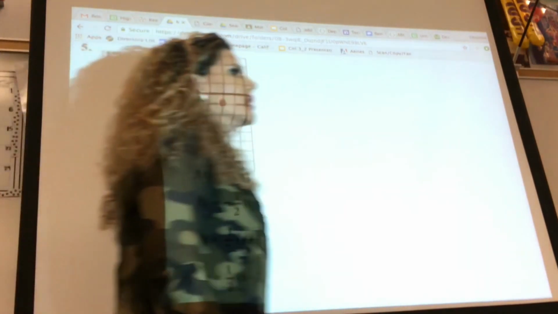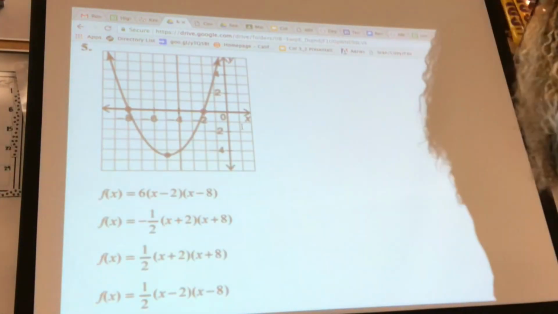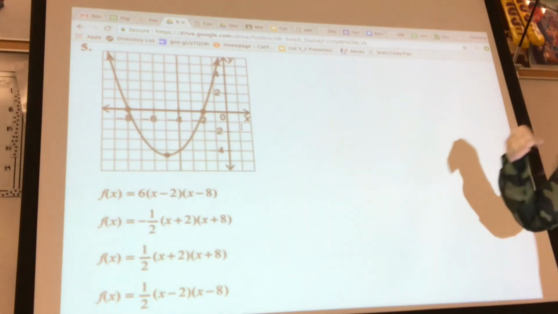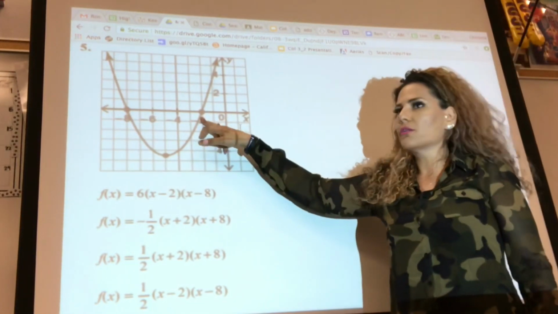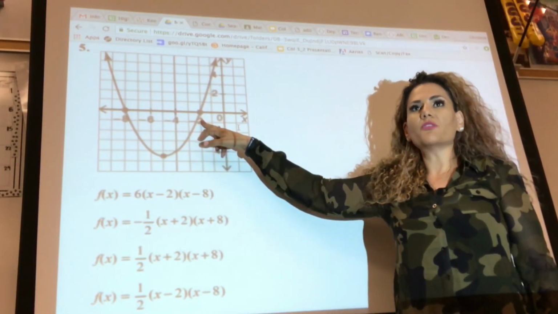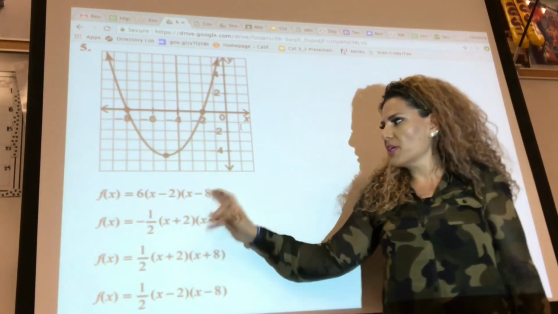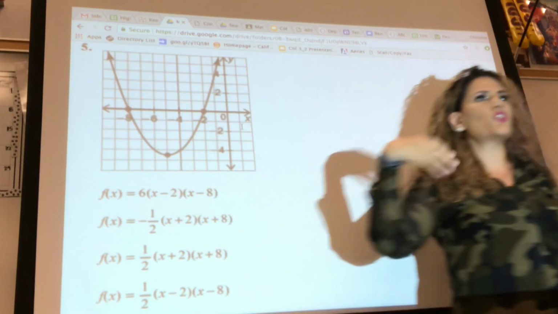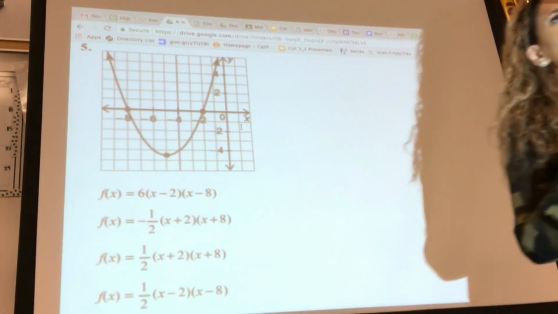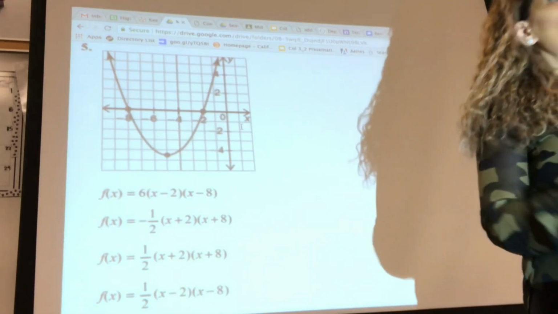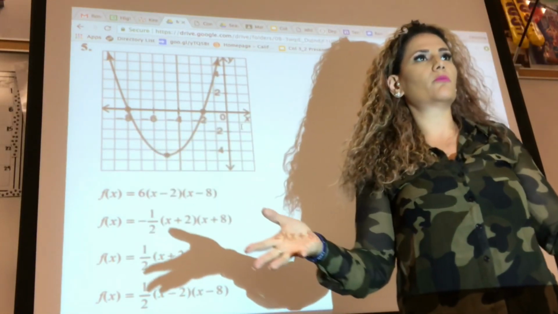So what I want to do is see which one has those x-intercepts in the equation. So what is this x-intercept right here? Negative 2. That means I need to find which one of these functions, when I plug in negative 2, I should get a 0. That's why it's called a zero, because when you plug in negative 2, you should get 0.